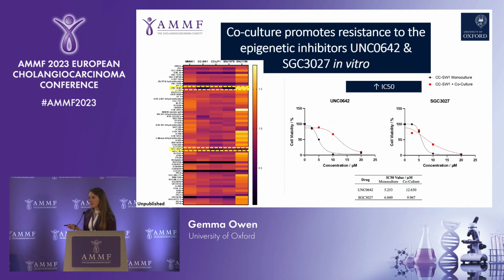What was really interesting is that we then decided to use these drugs in our co-culture system, so our cholangiocarcinoma cells grown indirectly with our cholangiocyte cells. And what we found was that this dramatically increased the IC50 for these drugs. So the concentration of these drugs needed to kill the cholangiocarcinoma increased, suggesting to us that these cholangiocyte cells can in part contribute towards the epigenetic inhibitor resistance of cholangiocarcinoma cells.